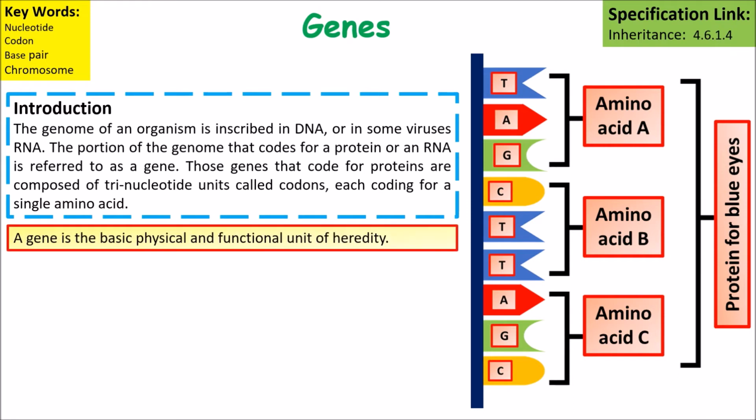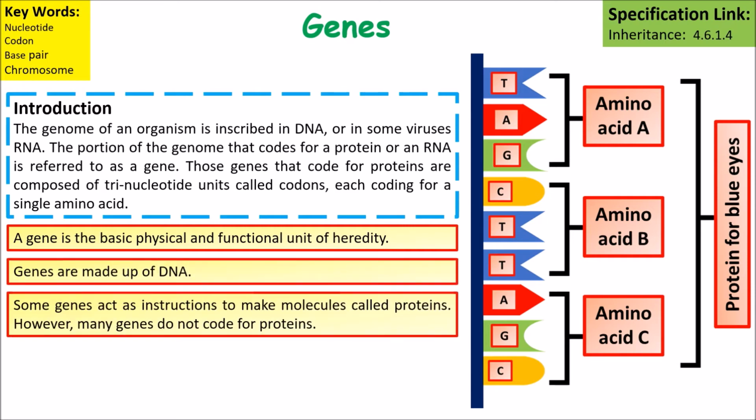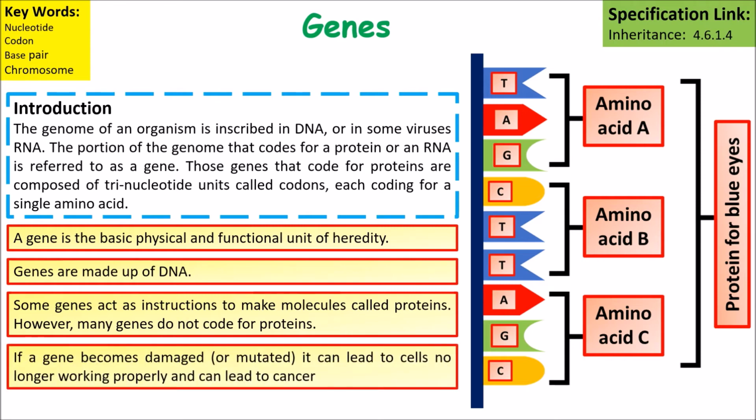A gene is the basic physical and functional unit of heredity, so it's what you're going to inherit. Genes are made up of DNA. Some genes act as instructions to make molecules and proteins. However, many genes do not code for proteins and have different functions. If a gene becomes damaged or mutated, it can lead to cells no longer working properly and can lead to things like cancer.